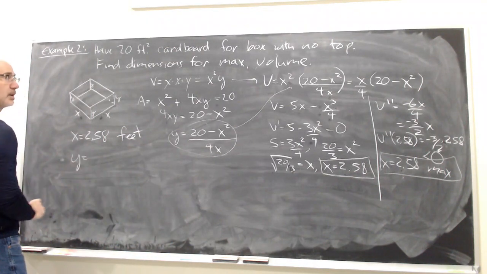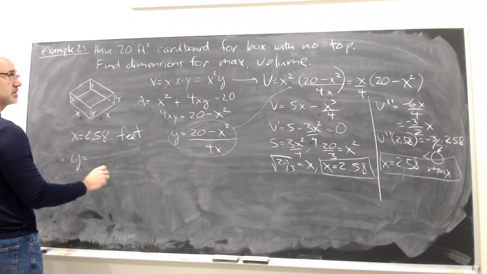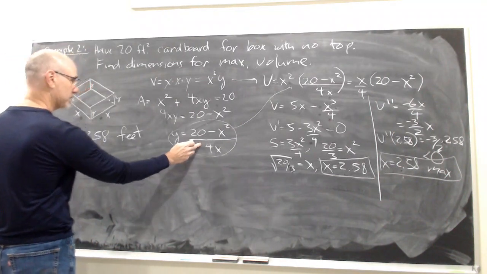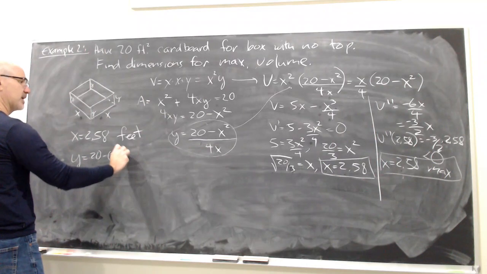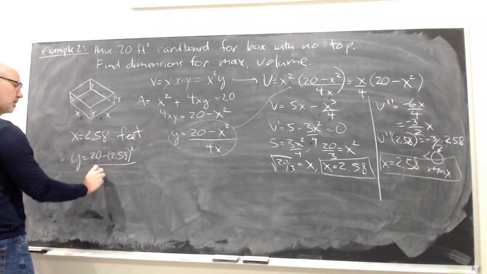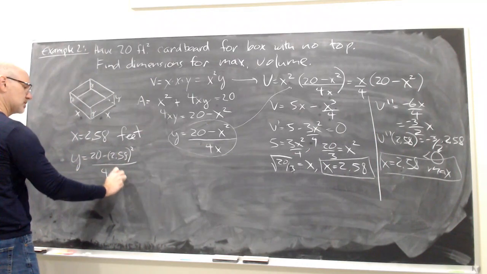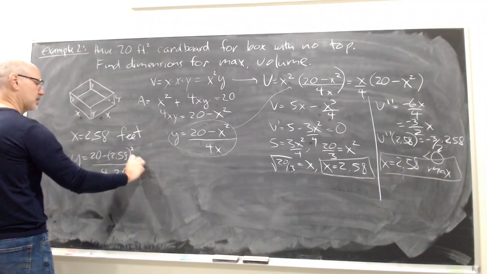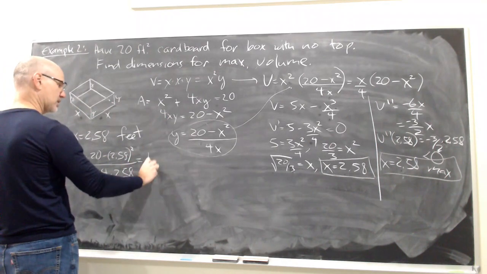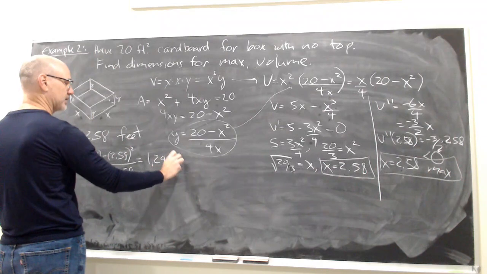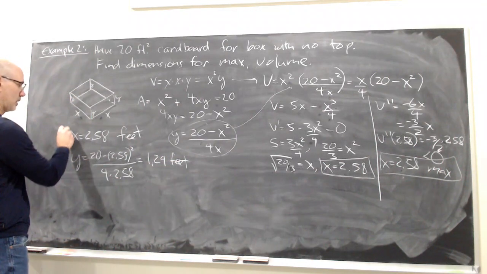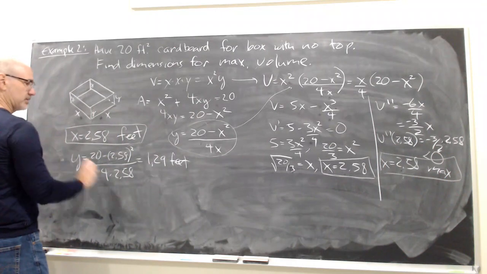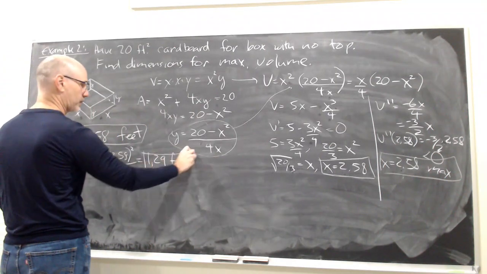y will be, let's see, where's my constraint? It's right here. 20 minus 2.58 squared over 4 times 2.58. And that ends up being about 1.29 feet. So these are the dimensions of the box.